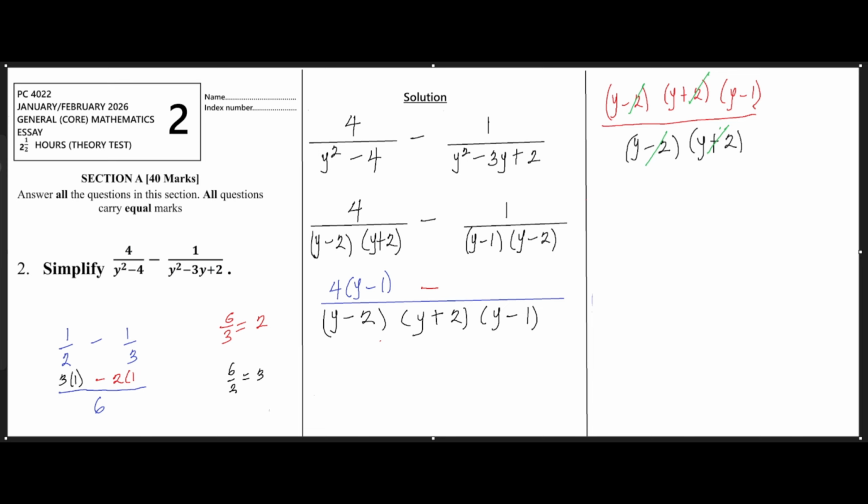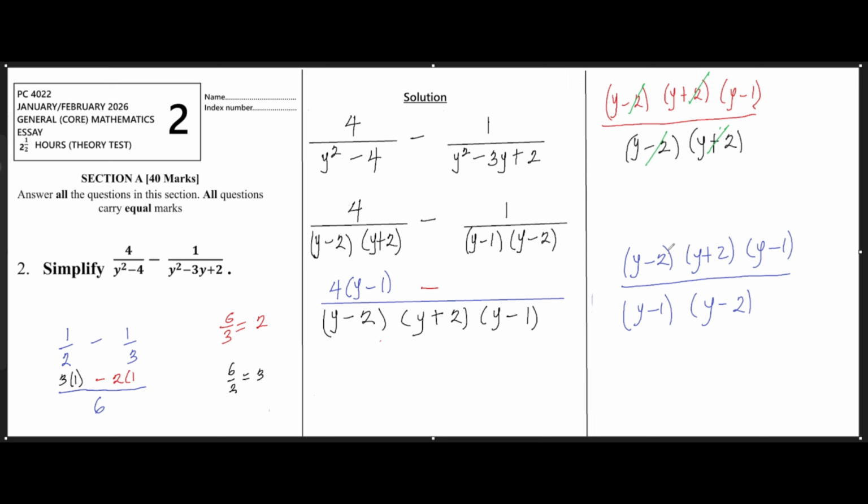Now, our LCM is y minus 2 multiplying y plus 2 multiplying y minus 1. So we divide the LCM by the second denominator, that is y minus 1 multiplying y minus 2.